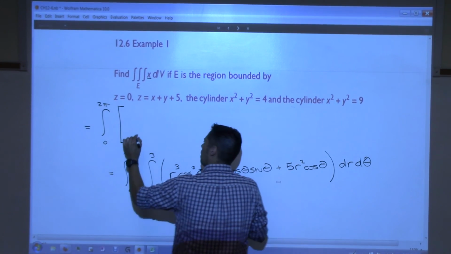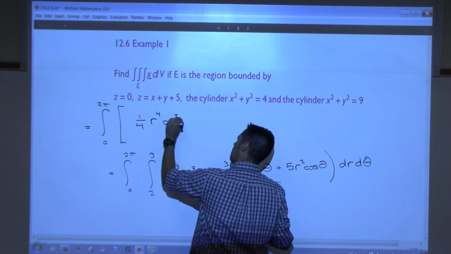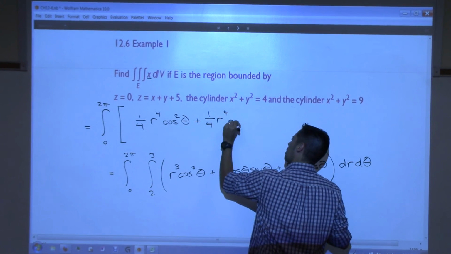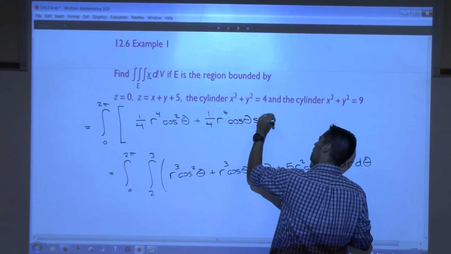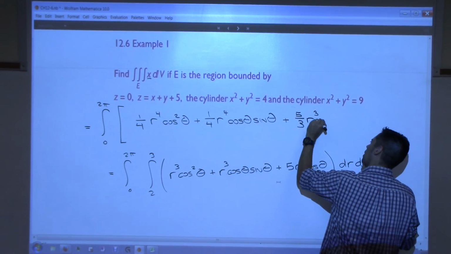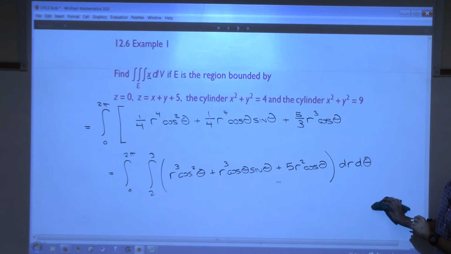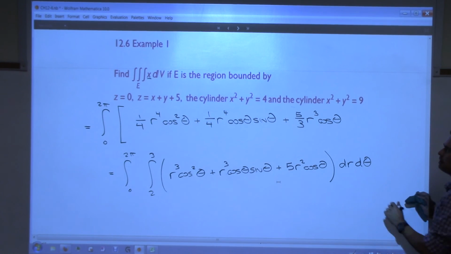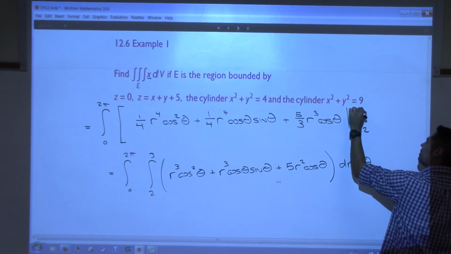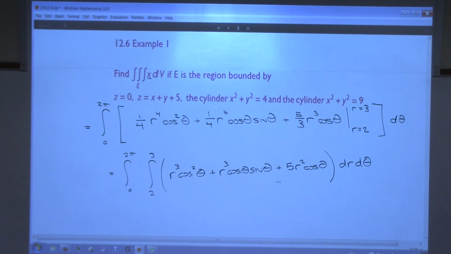So 1/4 r to the 4th cosine squared theta plus 1/4 r to the 4th cosine theta sine theta, and then plus 5/3 r to the 3rd cosine theta, evaluated from 2 to 3. That sucks. d theta.